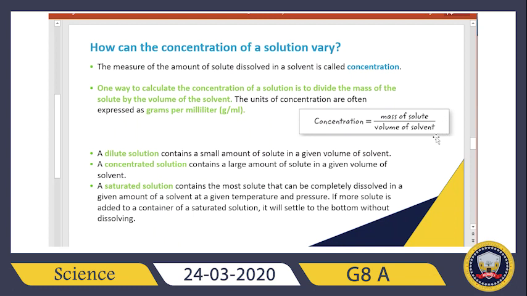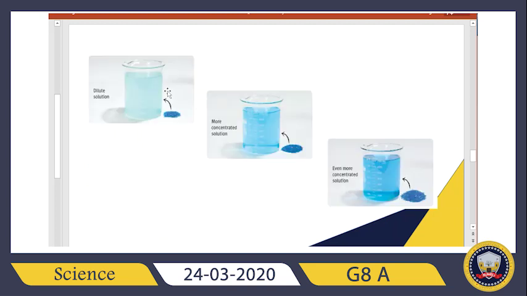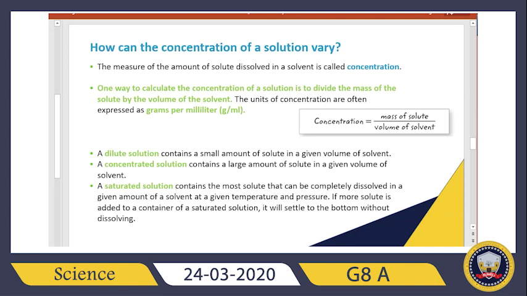So what is concentration? If I just dissolve a small amount of substance into water, it is called a dilute solution. If I have a small amount of solute in a given volume of solvent, it is called a dilute solution.